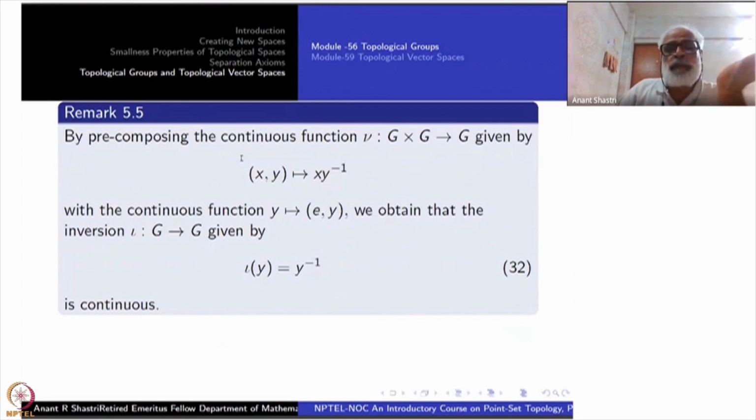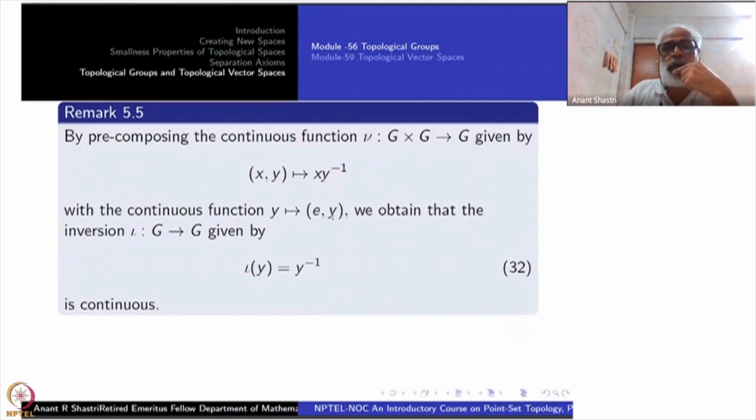Precomposing the continuous function nu from G cross G to G by y going to (E, y). See, y going to (E, y) is a continuous function from G to G cross G, right?